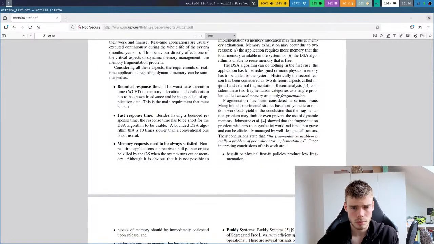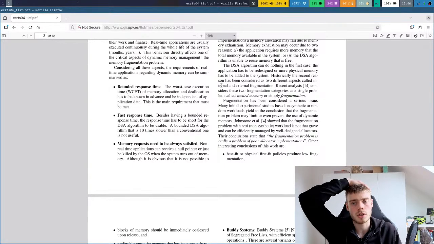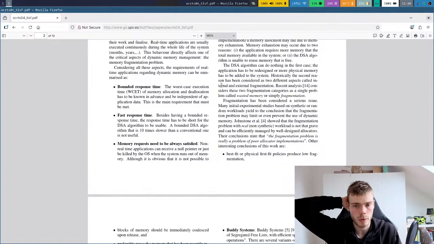The DSA algorithm can do nothing in the first case: the application has to be redesigned or more physical memory added to the system. Historically, the second reason has been considered as two different aspects, called internal and external fragmentation. Recent analysis considers a single fragmentation problem, called wasted memory.